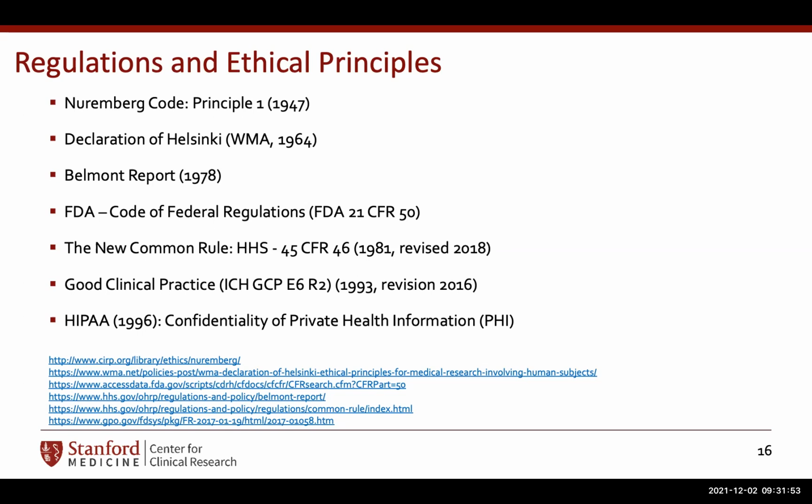We've talked a little bit about ICH GCP, which was created in the early 90s and was revised most recently in 2016. And then HIPAA, which was created in 1996, which is obviously for the confidentiality of PHI. That is also a regulation that we follow related to protection of PHI.